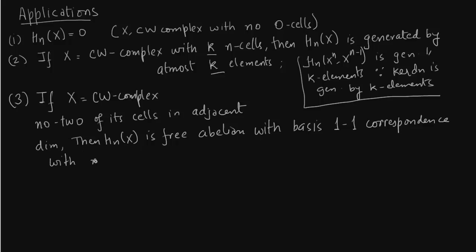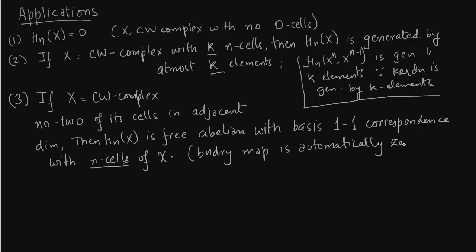Now in CPn, you know that the structure is such: you have one 0 cell, then one 2 cell, then one 4 cell, one 6 cell, one 8 cell. So you have these cells not in adjacent dimensions, like no two of its cells are adjacent because they're only in even dimensions, so the odd ones are not even present in CPn. So those are 0.